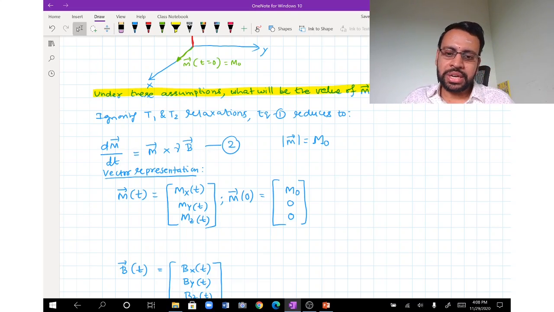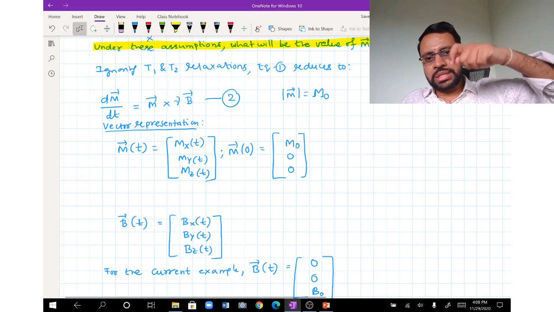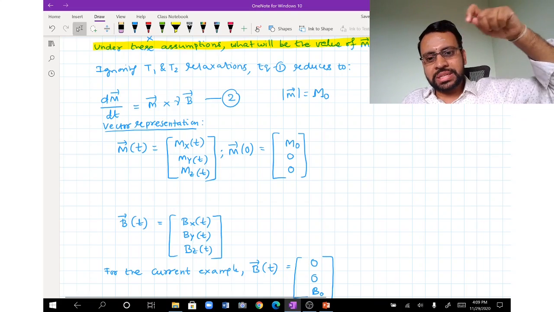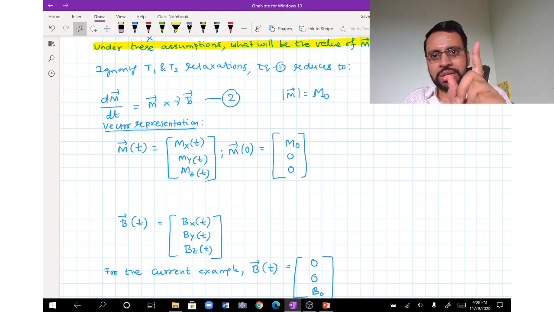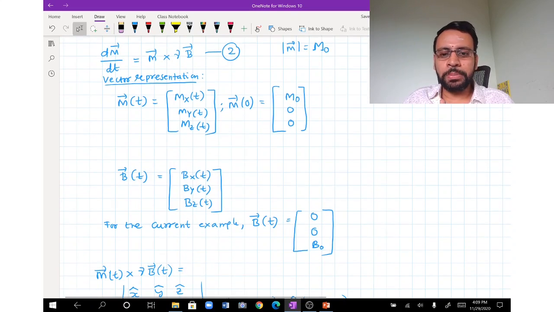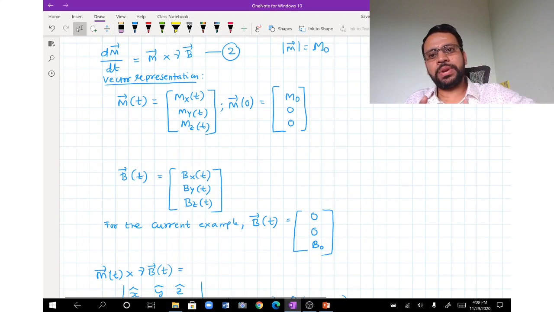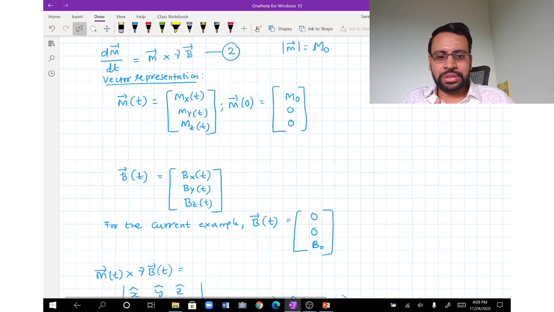In other words, if you consider B bar of t, which varies over time, to have three components Bx, By, Bz, notice that at every xyz location this B bar vector could have all three components. That distinction has to be clear. And then for Bz of t, you don't have Bx and By. There is only one field that you are applying along the z axis, which we consider as B naught.